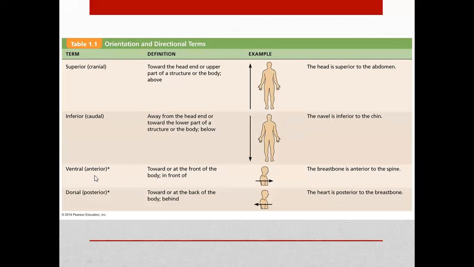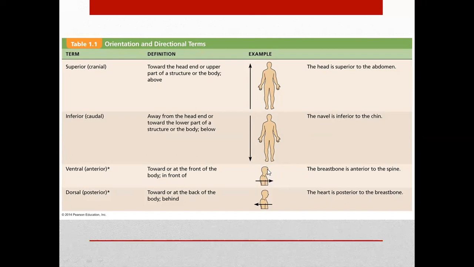Ventral. Ventral means anterior, like front part. So towards or at the front of the body, in front of. If I say this is my front, structures close to the front are ventral, and this is dorsal.